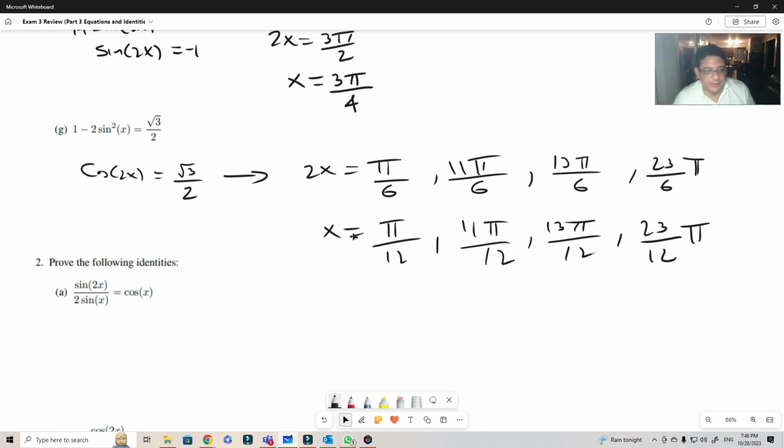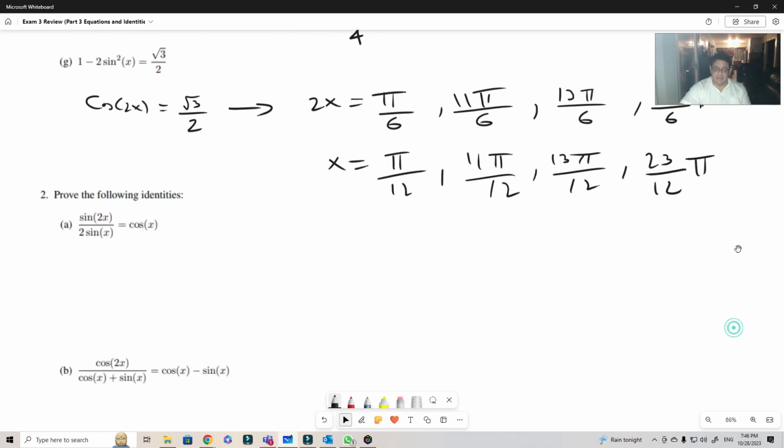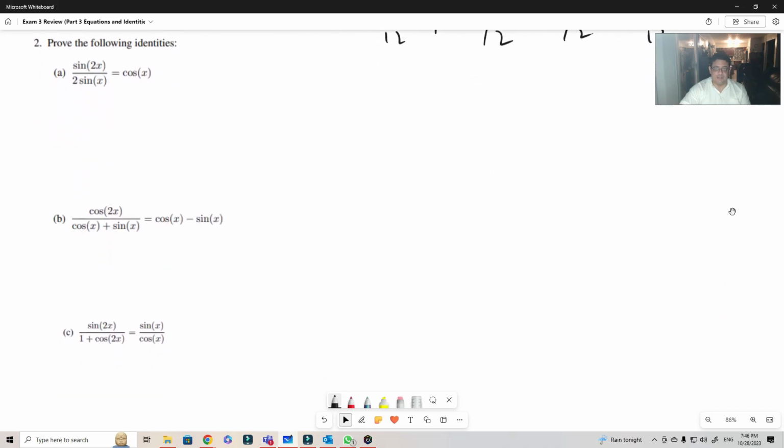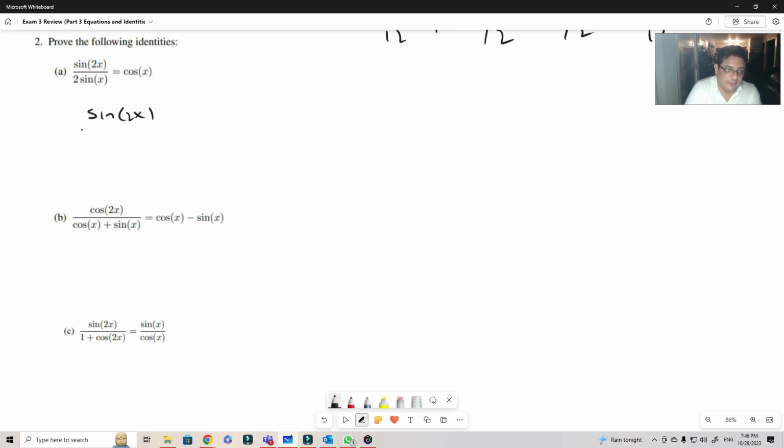All right, and so that concludes the part on equations. Now, for identities, remember that the trick is always starting from one place to get to the other. So let's go ahead and do sine of 2x over 2 sine of x. So this seems to be the more complex piece.